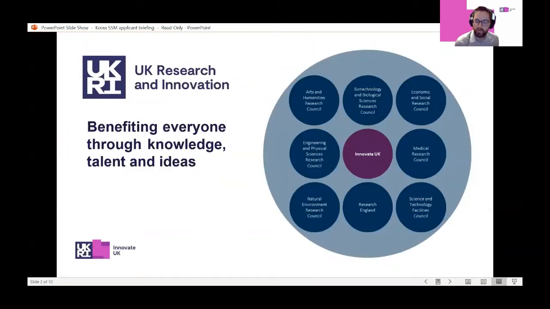Just a little bit about Innovate UK. We are part of UK Research and Innovation. We are one of 9 research and innovation councils that come together to join up the innovation and research system in the UK.